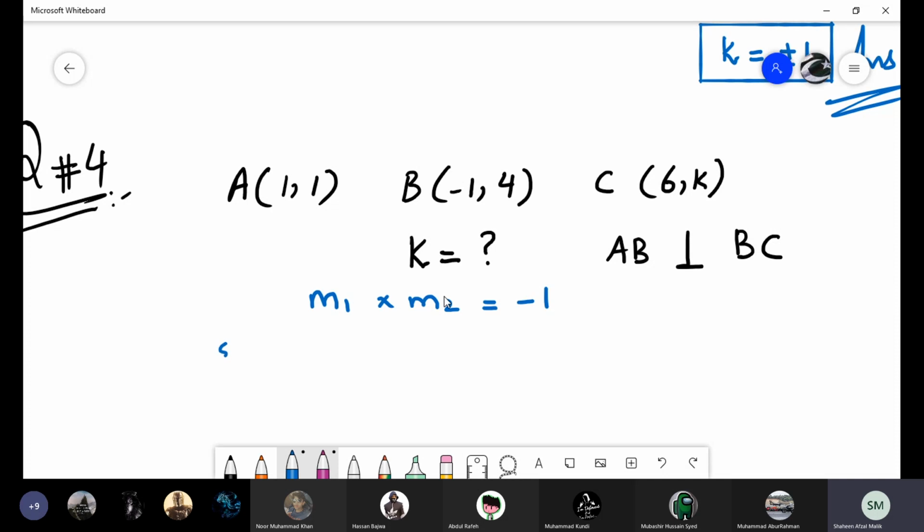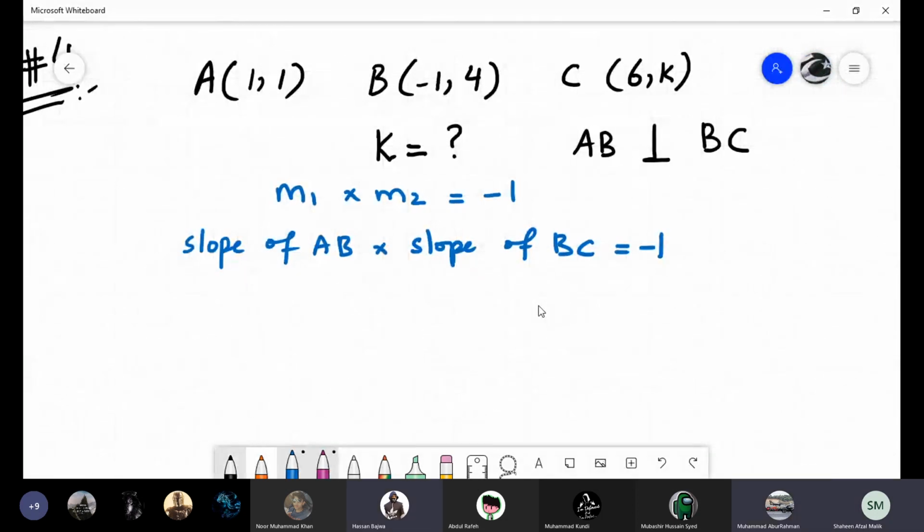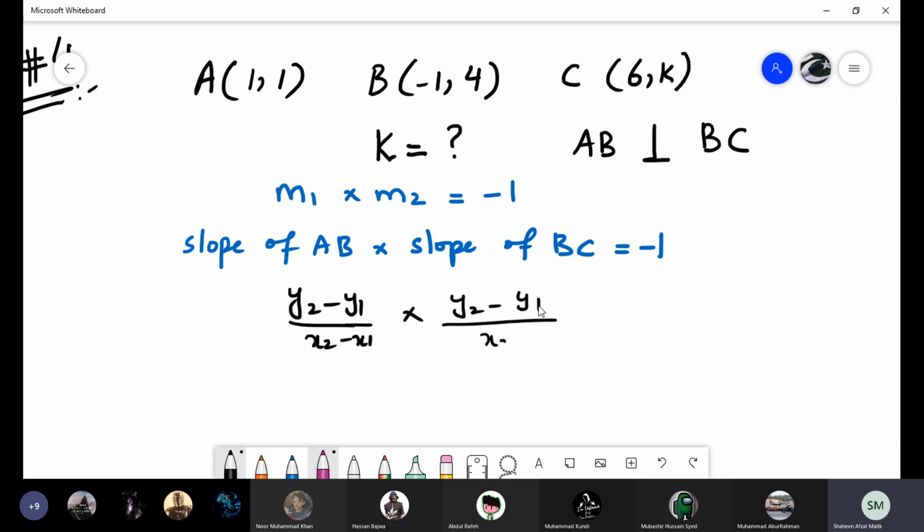So slope of AB multiplied by slope of BC is equal to -1. The formula for the slope is (y2 minus y1) over (x2 minus x1), multiplied by the same formula, equal to -1.